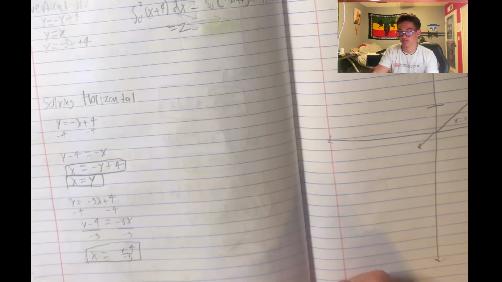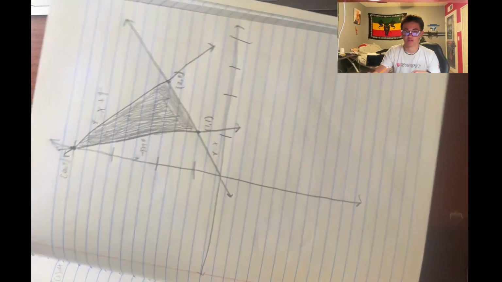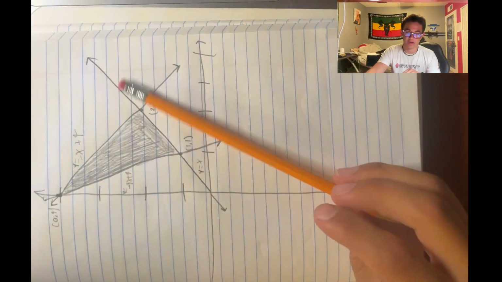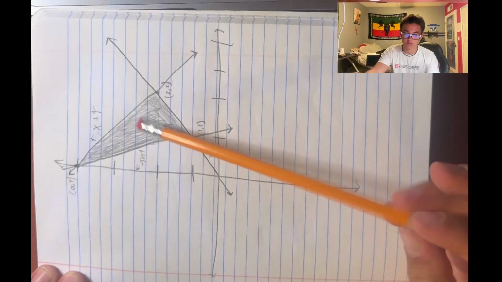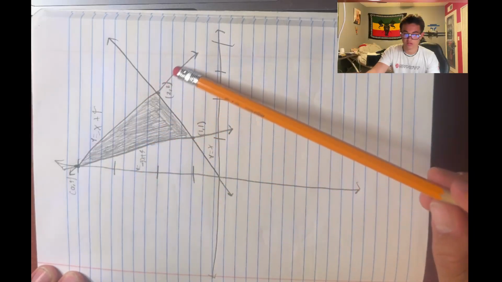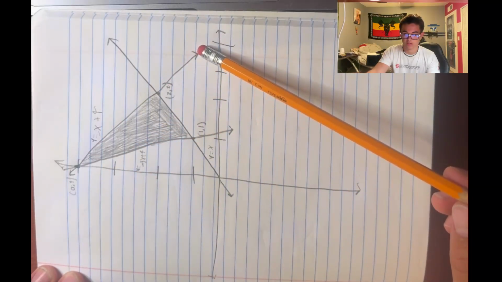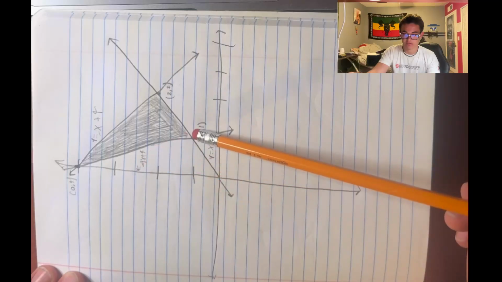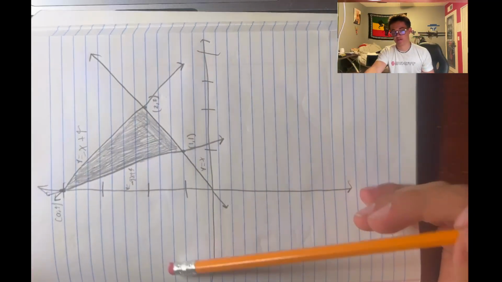We got, looks like our top curve now is y equals x plus 4, and it's going up to here, then gets sliced off here.